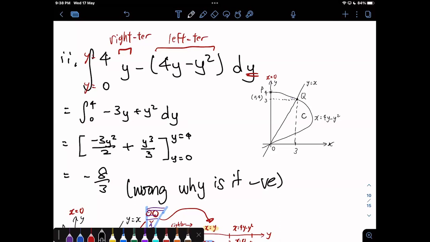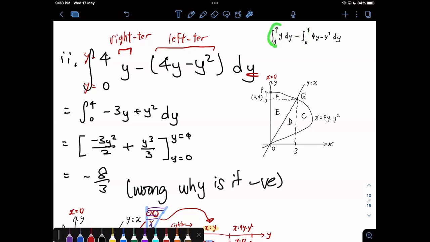Okay, C, D, E, and F. So if you integrate 0 to 4 of y minus that guy dy, I can split it up like this, right? Do you agree? Because it's the same, split with the same upper and lower limits.